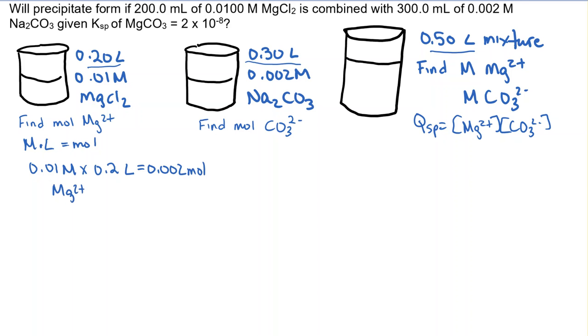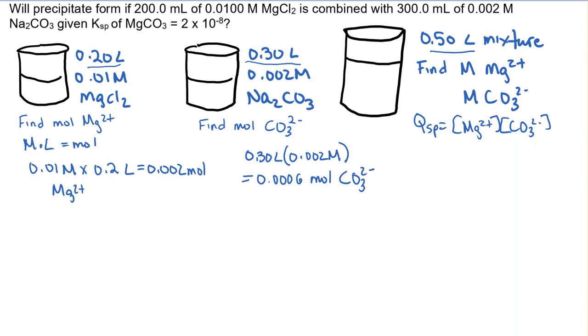And now we're going to do the same thing for the carbonate. So in this case we have 0.30 liters, and we're going to multiply that by 0.002 molar, and that's going to be equal to 0.0006 moles of the carbonate ion.